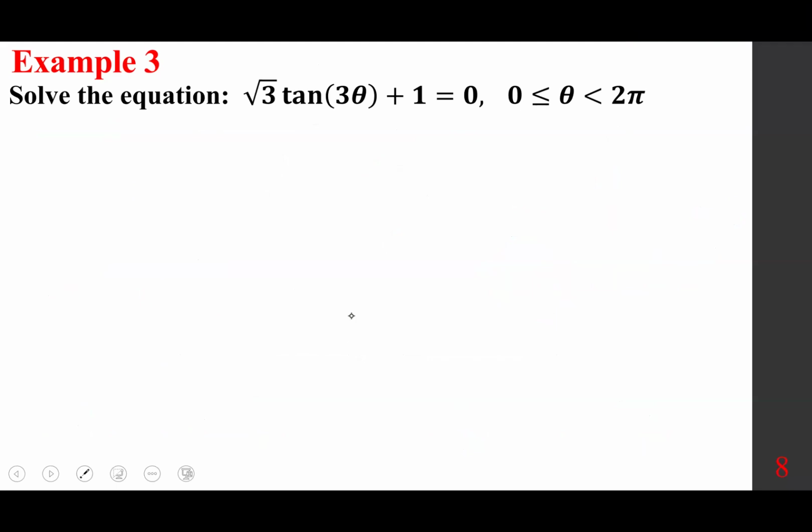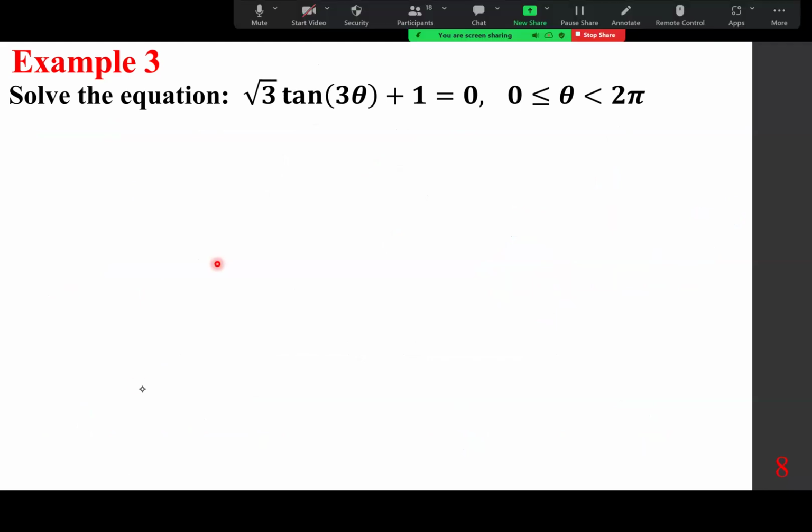We want to solve this equation between 0 and 2 pi. The methodology when you have what's called multiple angles, meaning they just times some number, 2, 4, 5, is as follows.